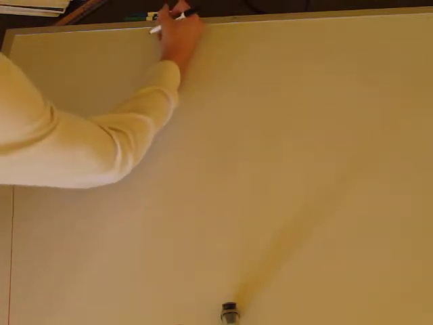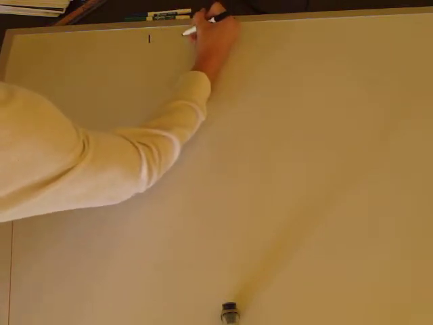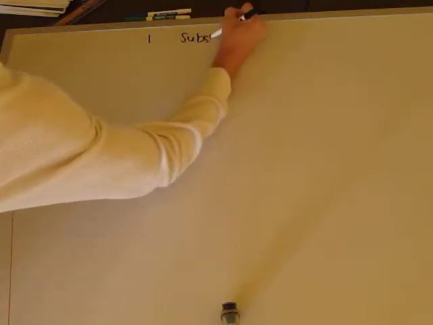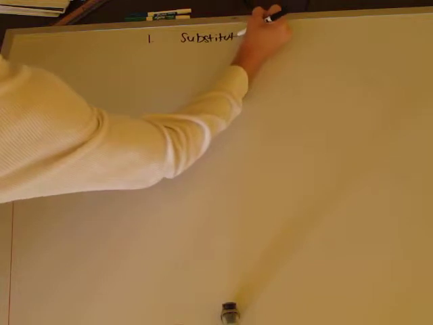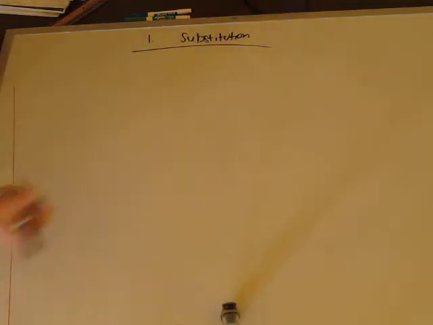So there's two ways we can find the solutions to a system algebraically without having to graph it. The first is substitution. Okay, so how do we do substitution?